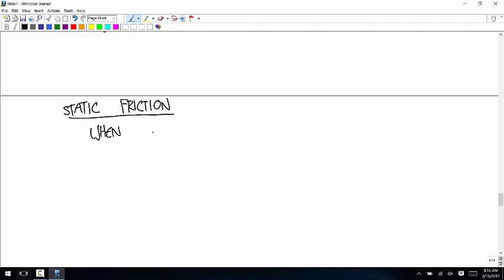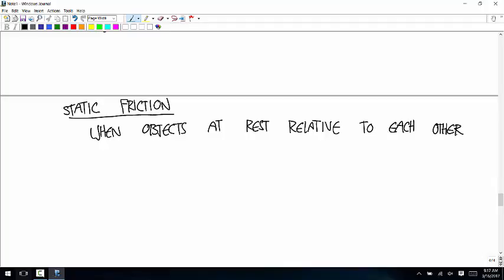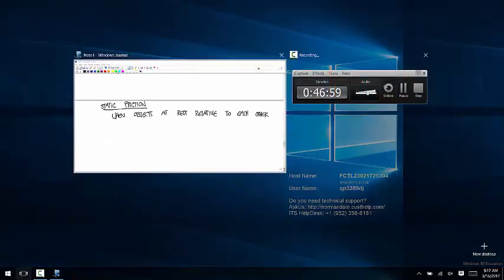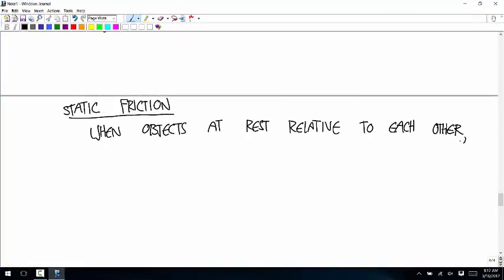When objects are at rest relative to each other, static friction prevents them from starting to slide.